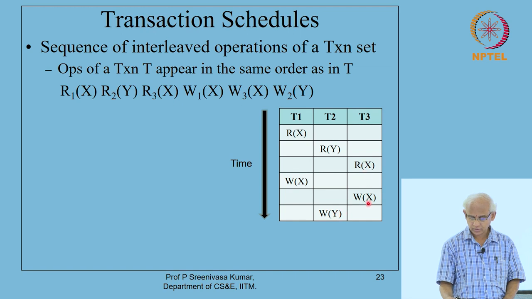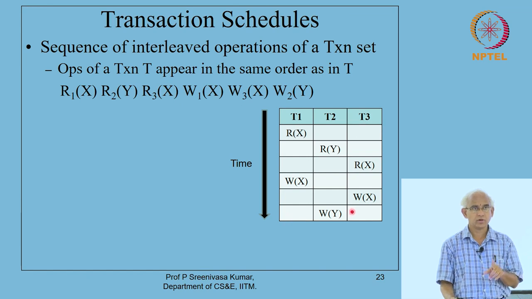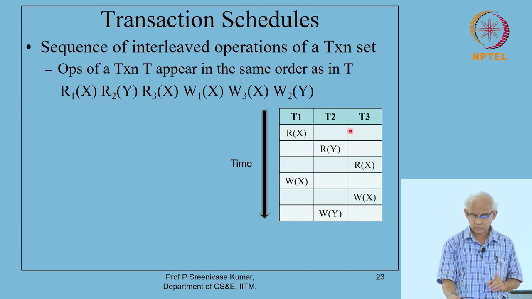And this is the timeline. You can see that in each time slot there is only one event, one operation, right. So at any point of time it is a uniprocessor model, where only one of these operations is happening. This is the interleaving of operations of transactions that is happening.